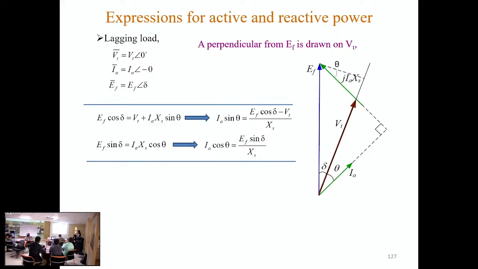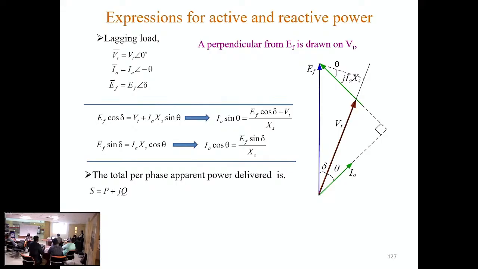In case of any three-phase system, power is given by √3 Vt Ia cos theta. We will consider single phase power, because this phasor diagram is based on a single phase. So the total per phase apparent power delivered is S equals P plus jQ. That is the complex form of power.